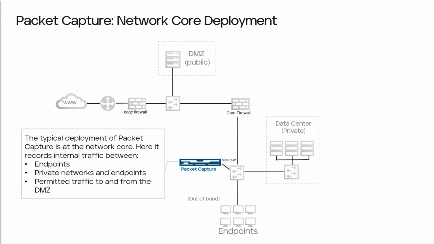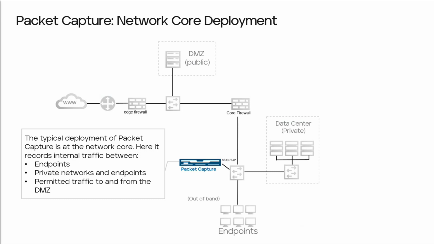And then it also will record traffic between the internal network and the public DMZ, where external servers such as web, mail, FTP servers, and so forth reside. These may be recorded, and the traffic recorded would depend on the level of security at the core firewall.